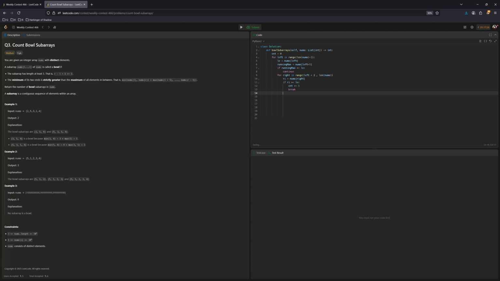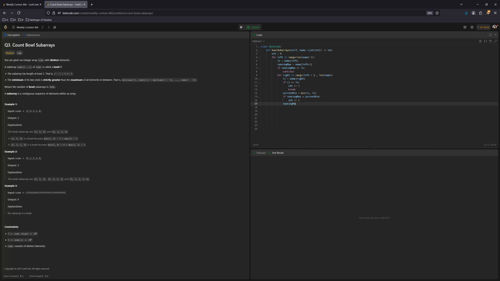Now, current min equals min Ri of LE. Okay. And then if running max is less than current min, then CNT plus equals 1, right?